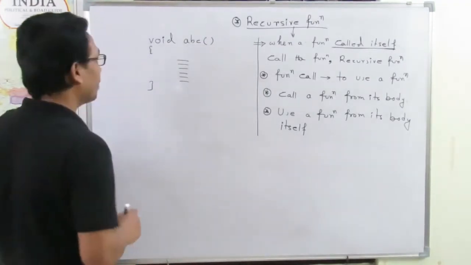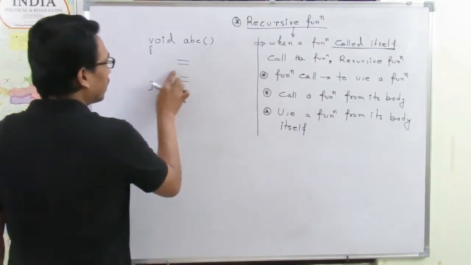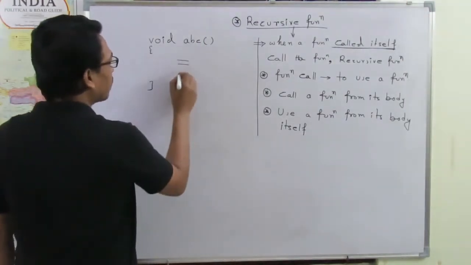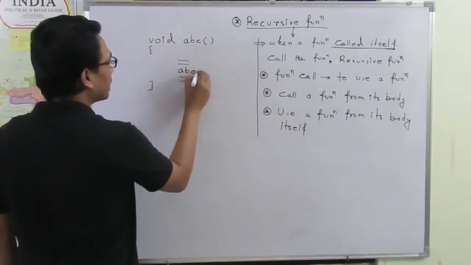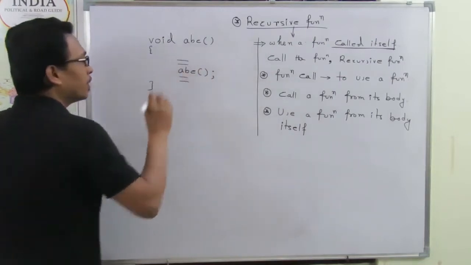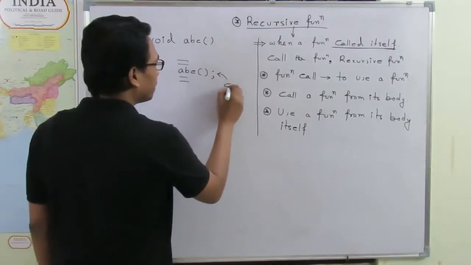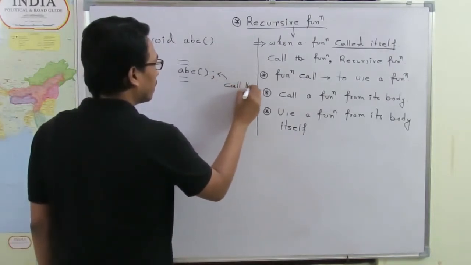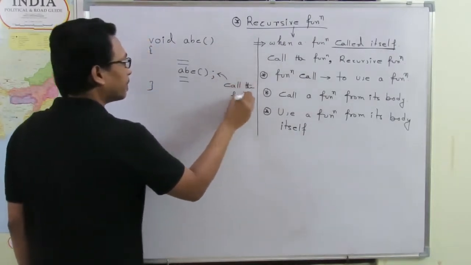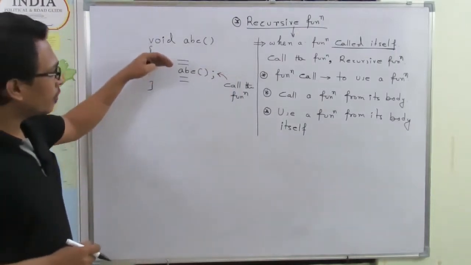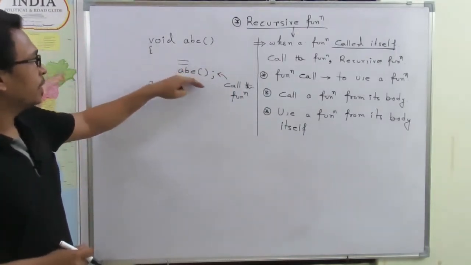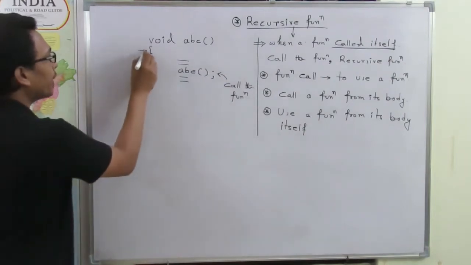Now if within the function body along with other instructions, if we call the function ABC itself, look, here we are calling the function. We call the function ABC from the function body itself.